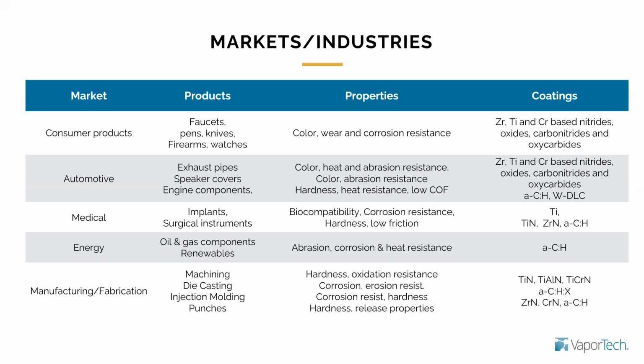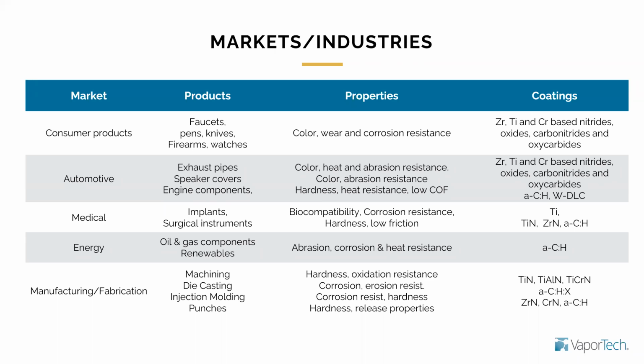Automotive, you have all sorts of applications, all the way from cosmetic, from exhaust pipes to speaker covers, but also very specific mechanical or performance applications, such as engine components, transmissions, and so on.